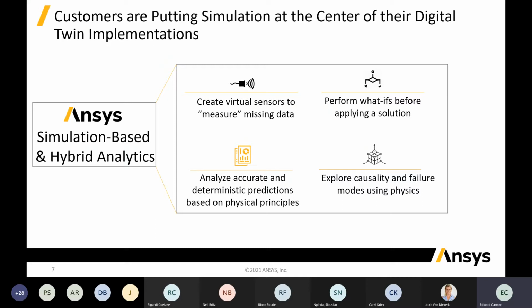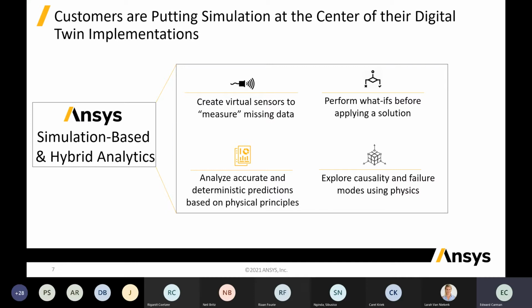The first of these is we create what we call virtual sensors for measuring missing data, or for measuring data which is expensive or impractical or almost impossible to measure in the real world. We're doing some work with people who are working on fusion reactors. They want to know the temperature inside a fusion reactor, but considering the temperatures mirror the surface of the sun, most thermocouples and traditional methods don't survive.